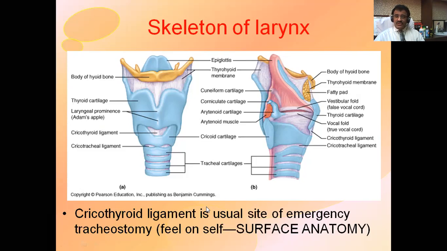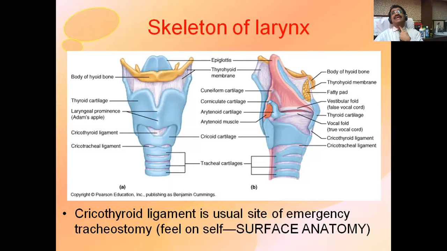Cricothyroid ligament is the usual site of emergency tracheostomy. Cricothyroid ligament is here. Here you can enter into the windpipe by making a small hole, and that hole is made here because the person cannot take air through the nose or mouth.